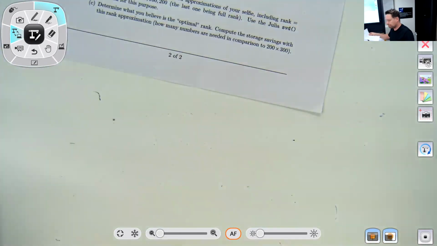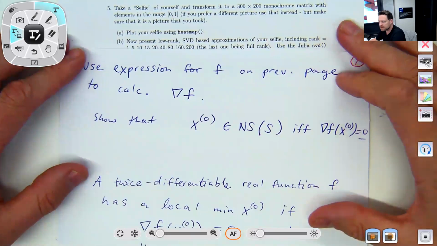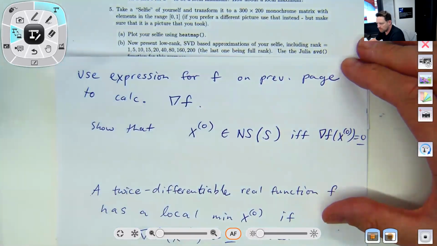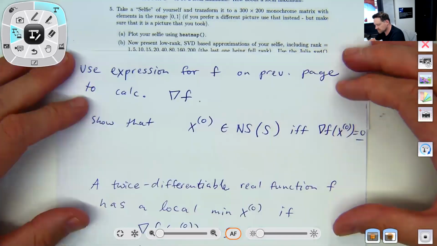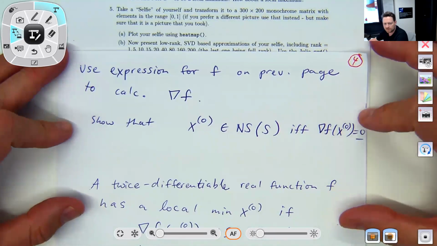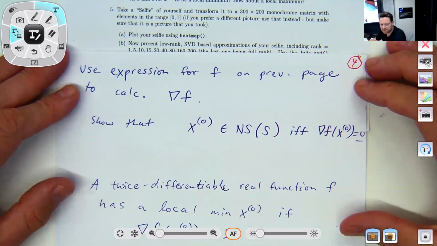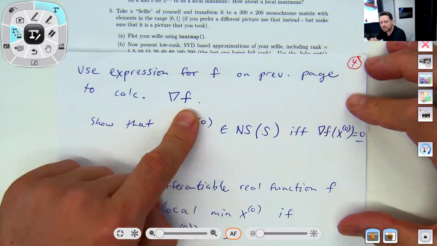So moving on to the next page. These are just things to think about. You may not find them useful, but I just found them interesting. So first, you might use the expression for f on the previous page to calculate the gradient vector of that f.